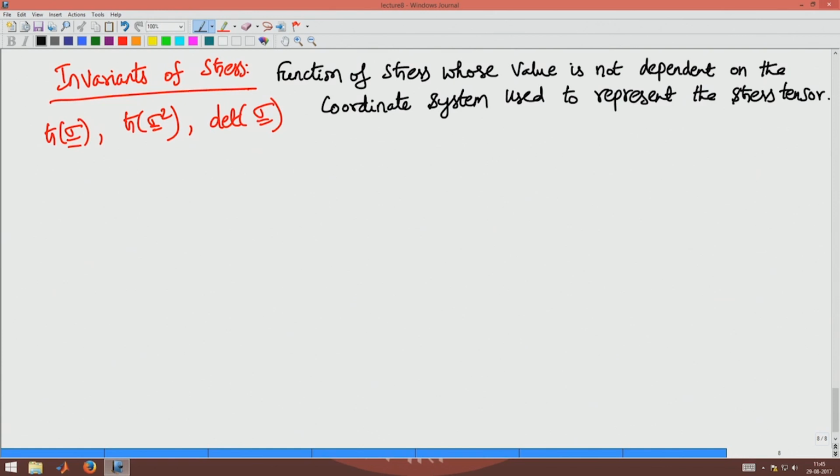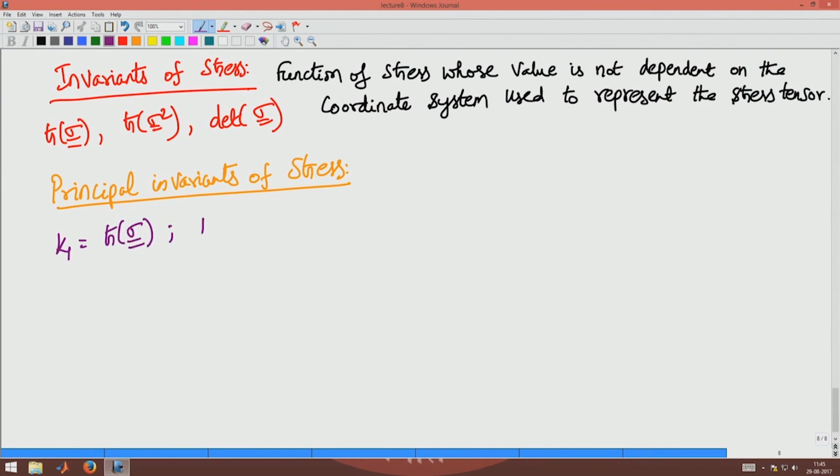But there are what are called principal invariants of stress, denoted by K1, which is trace of sigma, K2, which is 1 half of trace of sigma whole square minus trace of sigma square, and K3, which is determinant of sigma.